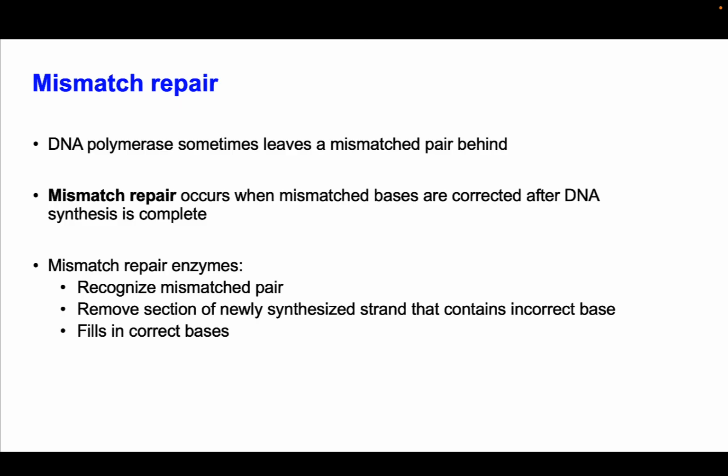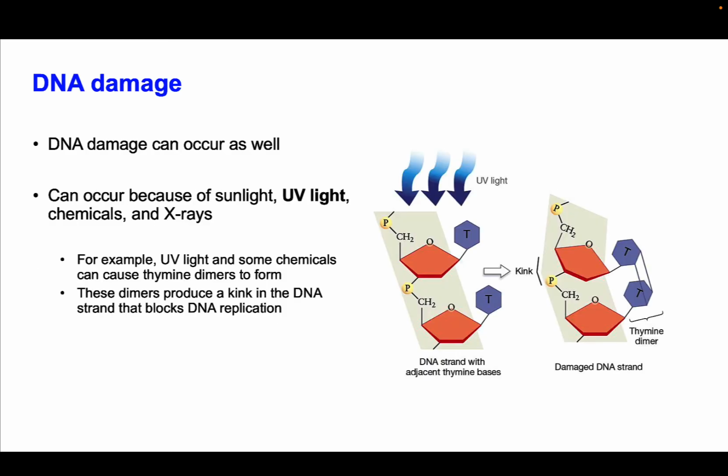These are repair enzymes. They recognize a mismatched pair, because a matched pair would have better geometry. They remove that section of the newly synthesized strand that contains the incorrect base, and they fill in correct bases. And if you're interested in this concept, perhaps you can learn more about it by taking a course in genetics.